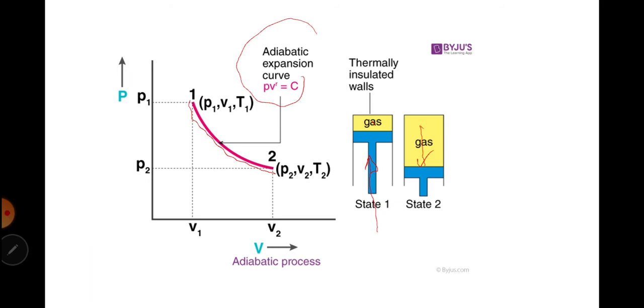If a graph is plotted between pressure and volume for an isobaric process, the graph will be a horizontal line.